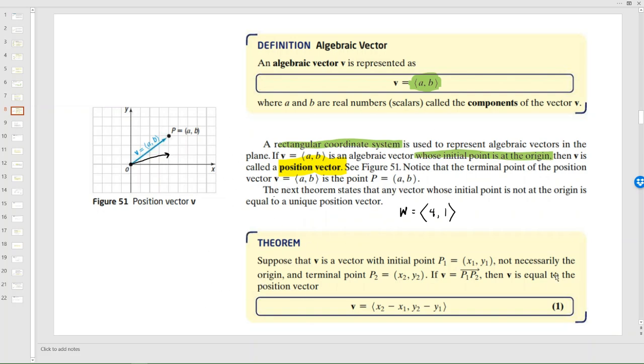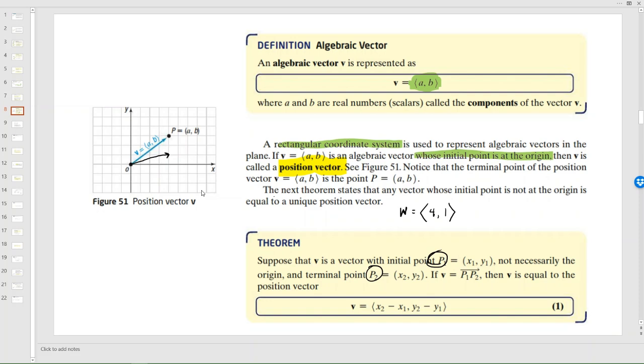And then how would you make any vector, no matter where it started, into an algebraic vector? That's this theorem right here. So if we take the initial point, P1, so it's x1, y1, and it doesn't matter if it's at the origin or not, and we take the terminal point, P2, and we think of it as a vector between starting point P1 and P2, then of course the distance between them is the magnitude.